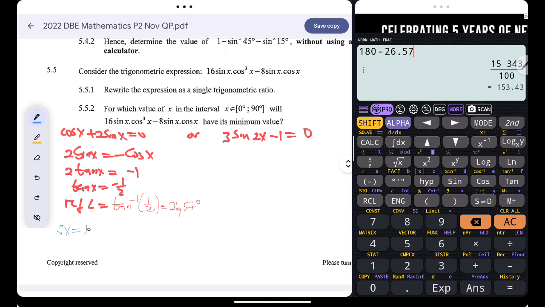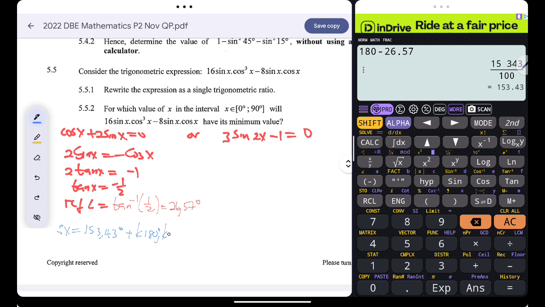So my answer will be 153.43 degrees plus k 180, where k is an integer. Okay, now let's go and find the other solution.